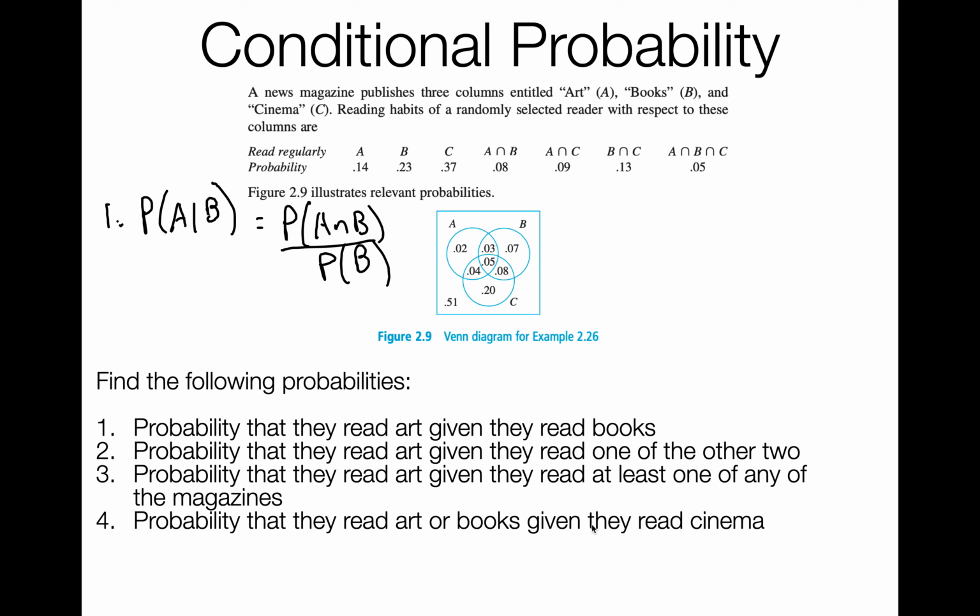A and B here is 8%, and then B is 23%. So the probability of A given B is 0.08 divided by 0.23. So whatever that is, that's going to be the probability.